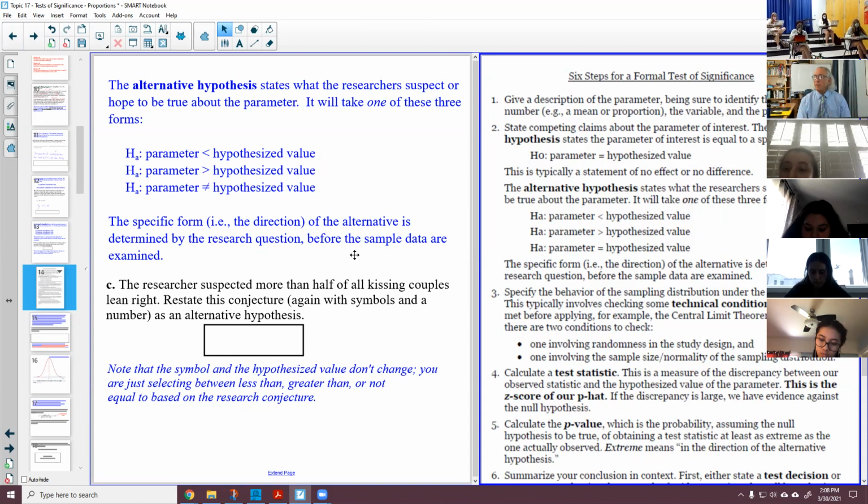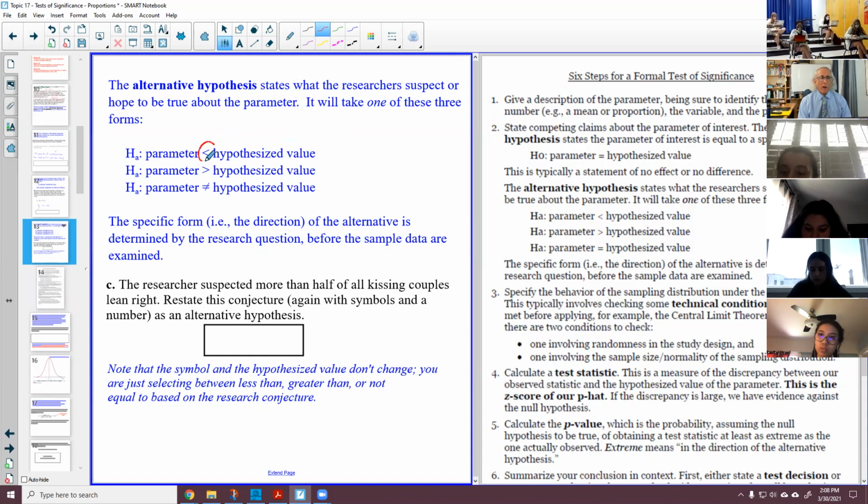We're not saying that. All we are saying with the alternative hypothesis is that the parameter pi is less than the hypothesized value, is greater than the hypothesized value, or does not equal the hypothesized value. Those are the only 3 choices.